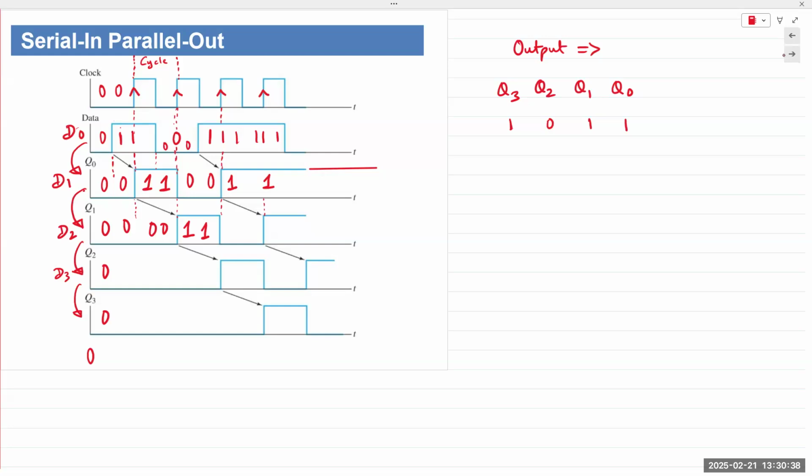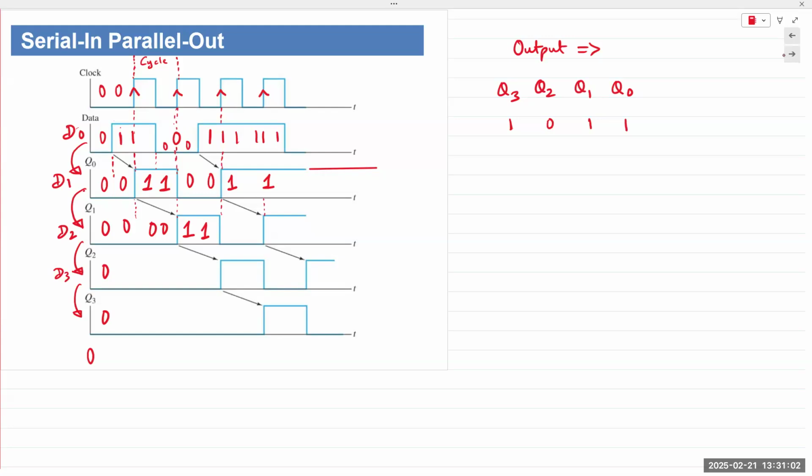And if you look at the timing diagram, we can see that the data that was present in the first flip-flop is now shifted down to the second one. When you look at the third one, that data shifted further down the line. Cascading effects because of the serial connection, and hence the name shift register.